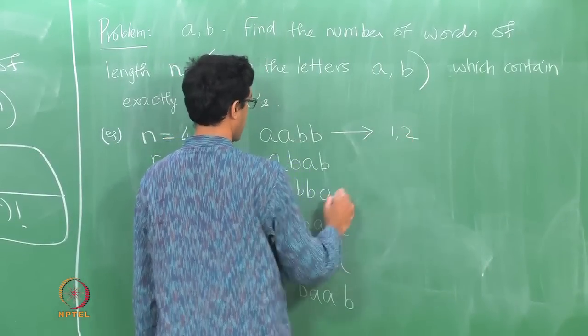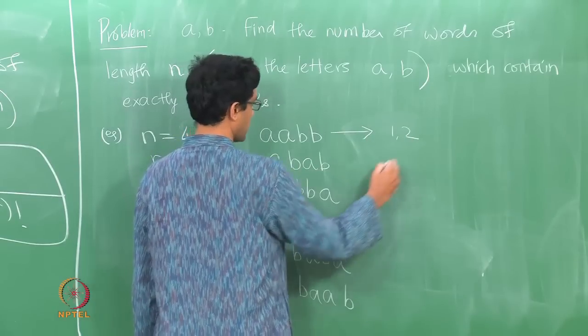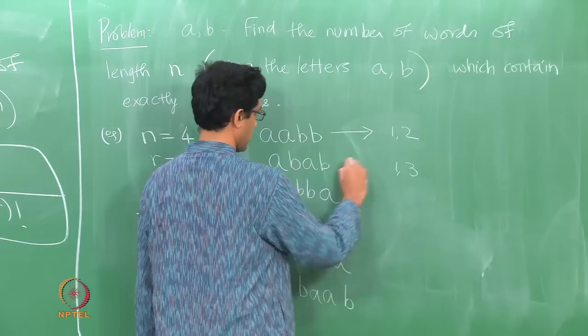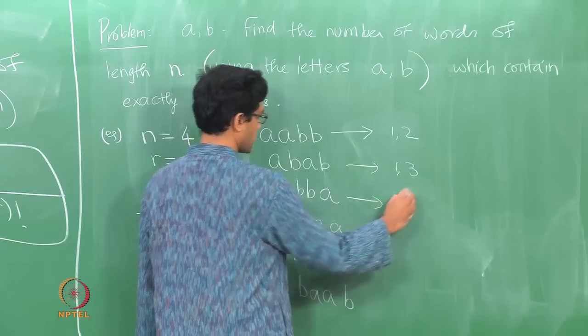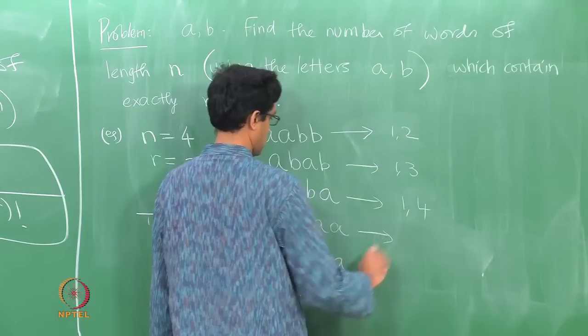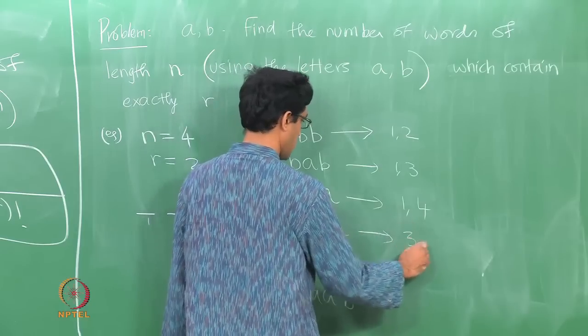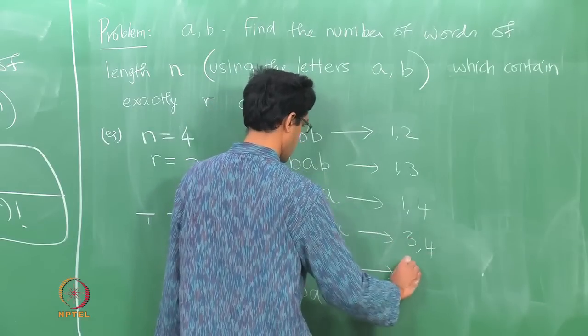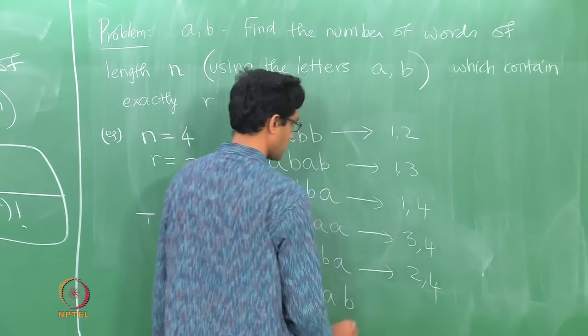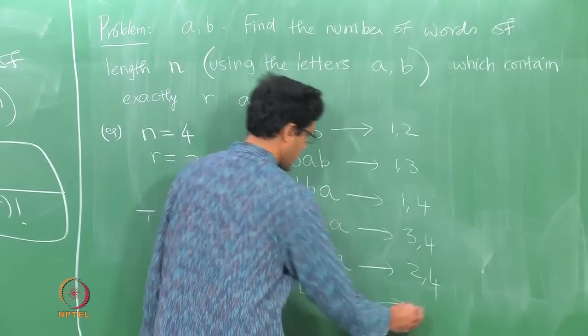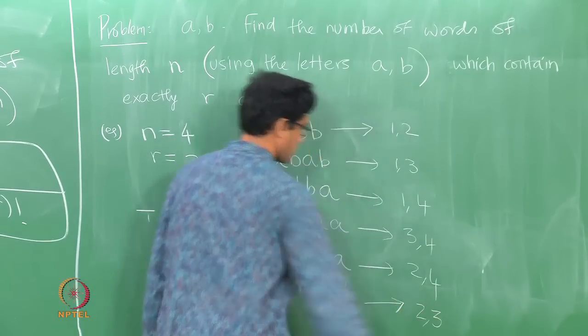I think of it as 1, 2. ABAB has A's in position 1 and 3. This has A's in position 1 and 4. This has A's in position 3 and 4. This is 2 and 4. And this has A's in position 2 and 3.